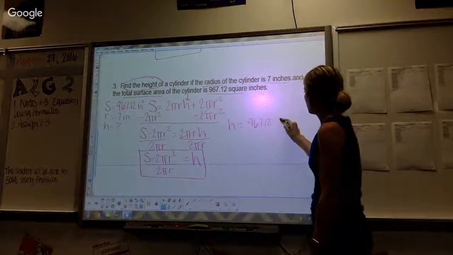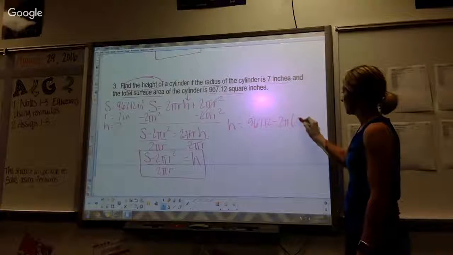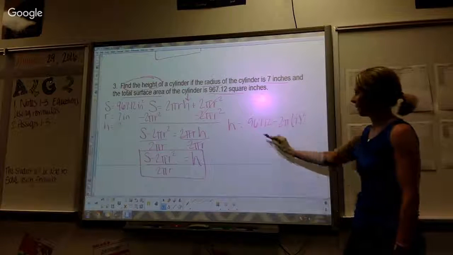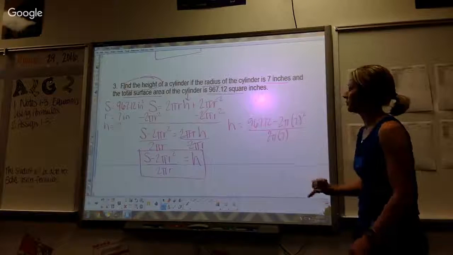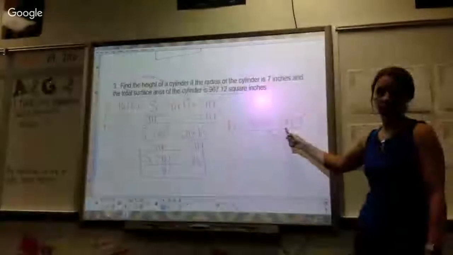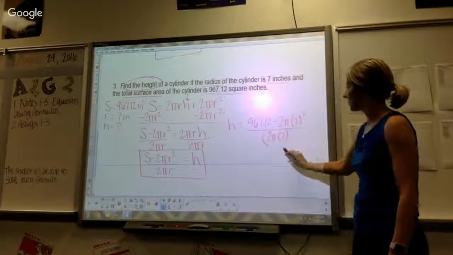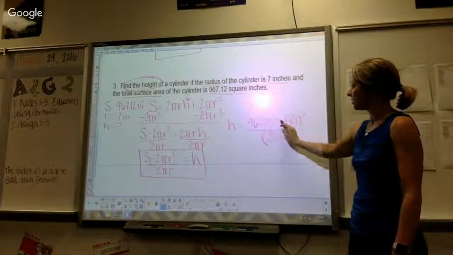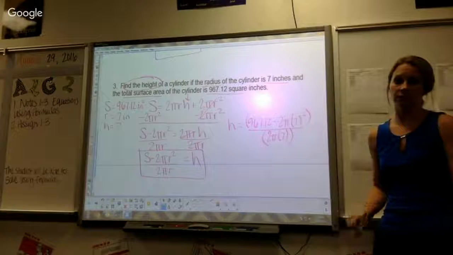So using this equation that we found, we have 967.12 minus 2 pi radius squared, so 7 squared, over 2 pi times your radius, which is 7. When you're plugging this into the calculator, make sure you put parentheses around the denominator, and notice you have more than one thing on the top, so make sure you also put parentheses around that.